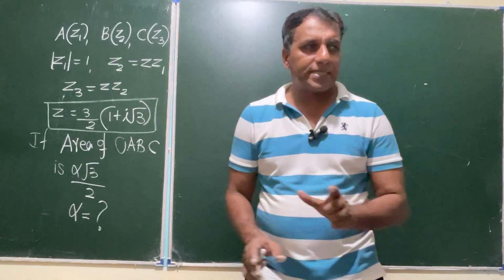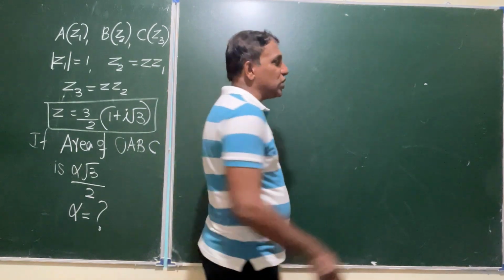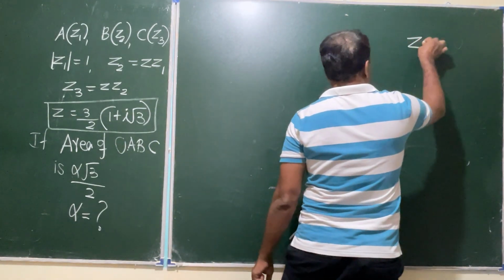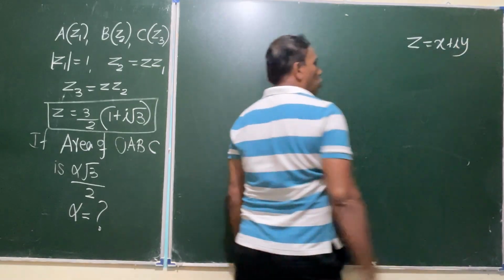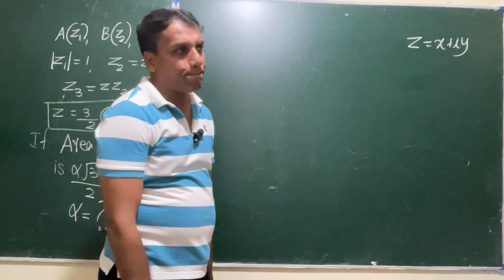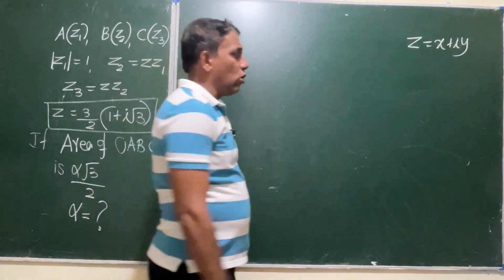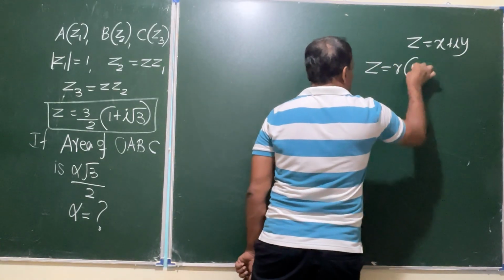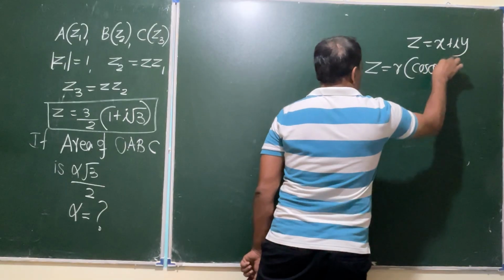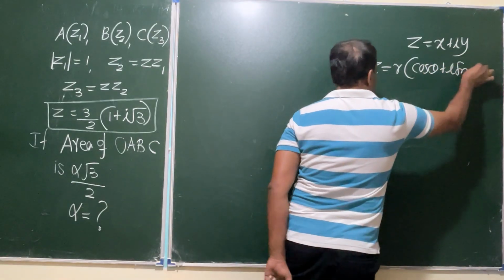What is a complex number? Cartesian pattern: z equals x plus iy. What is polar form? Trigonometric form: z equals r into cos theta plus i sin theta, right?